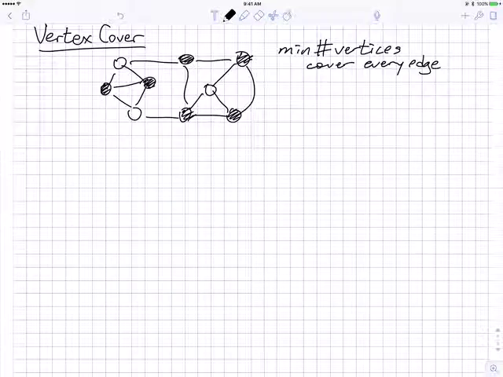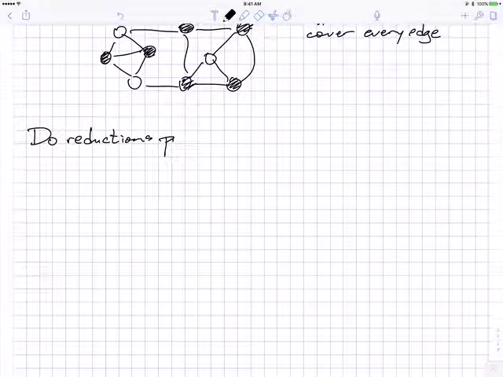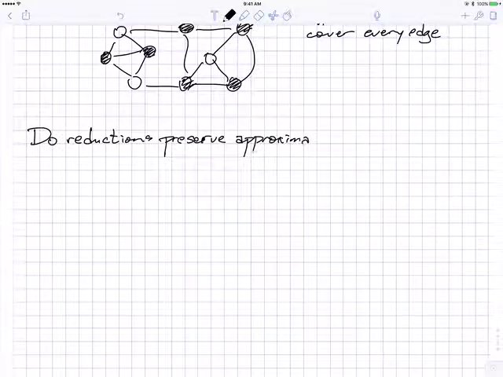Okay. So this is an excellent question. Do reductions preserve approximation? The answer is no, and the answer is no for, again, a subtlety about the way that we prove things are hard.